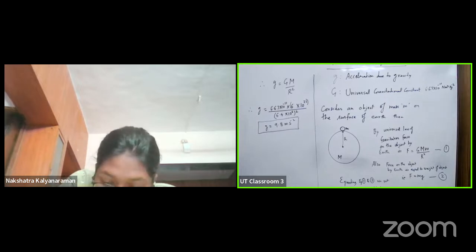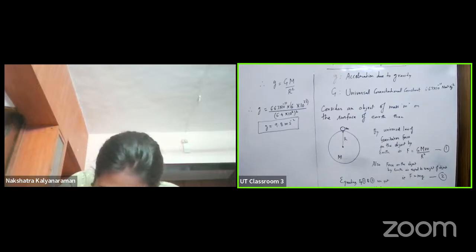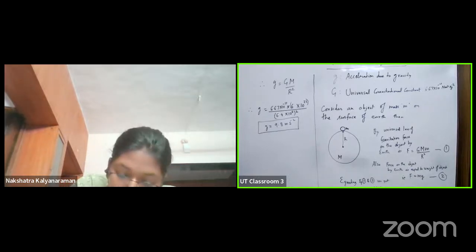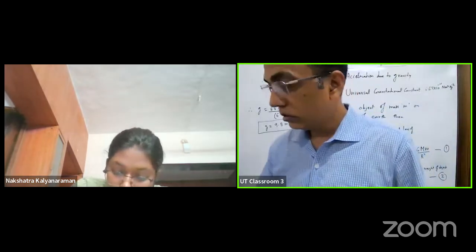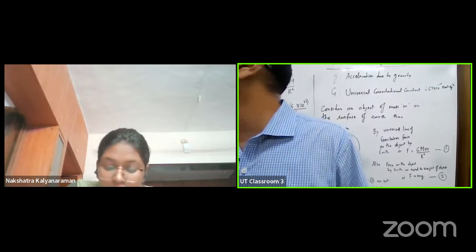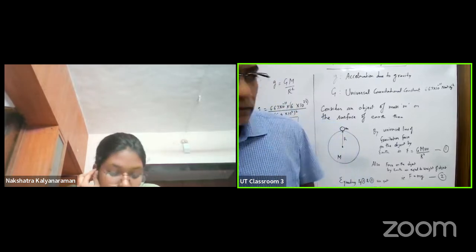So this is the important relation between small g and capital G. If an equation is given to find g, you can do it in this form. It is the calculation of the value of g.